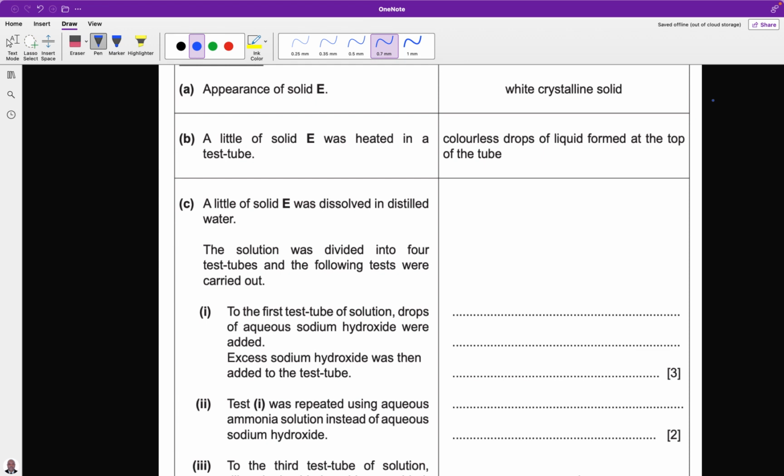White precipitate formed that dissolves and becomes colorless in excess.